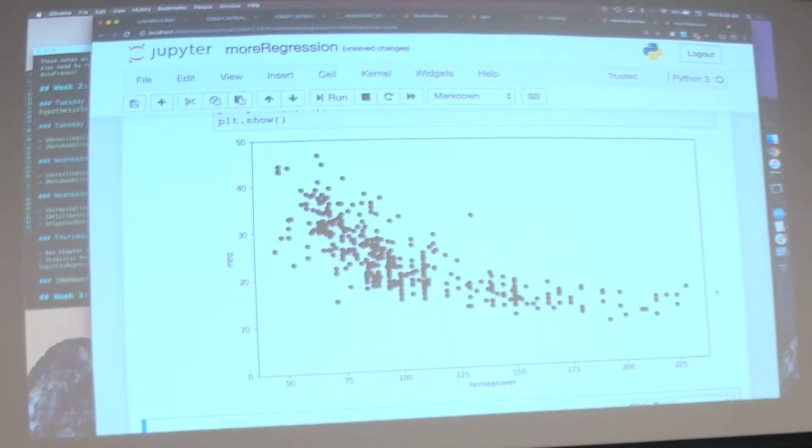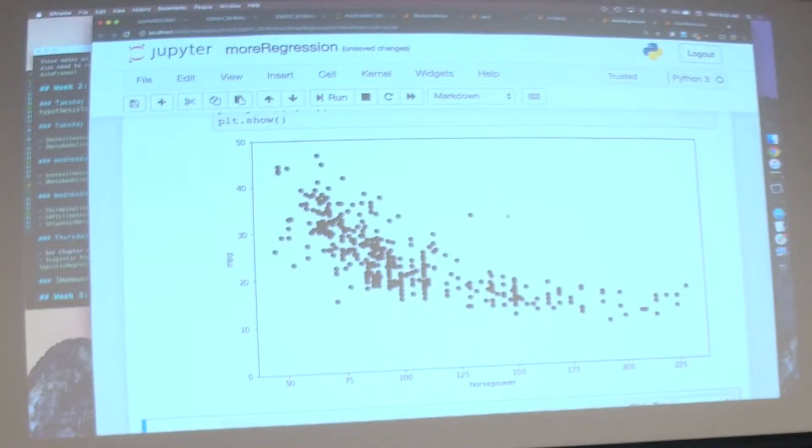Yeah, I think so. We got some outliers, but it seems like as you increase your horsepower, you decrease your efficiency. Is it a linear fit? Not really, there's some curve here. A linear model probably isn't going to capture everything we want.